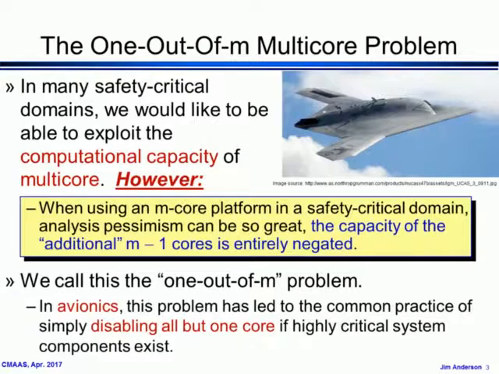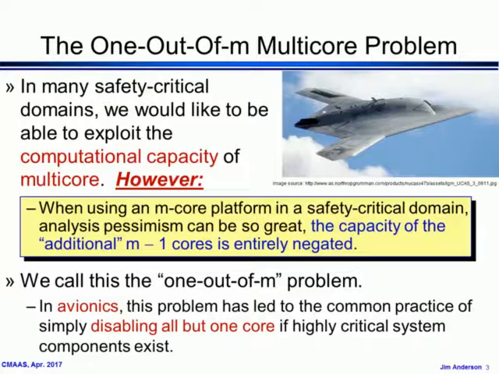I got tired of this problem that I think I'm working on not having a name, so I named it. Unfortunately, I'm the only one who seems to want to use this name. I call it the 1 out of M problem. And for me, it's a problem about capacity loss, and this is the problem that arises when you try to use a multi-core platform in a safety-critical setting.